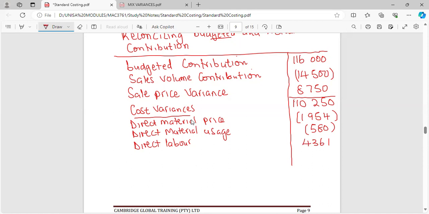I think you got the reason why we add and why we subtract. It's favorable, which means we have used less than the budget. So it's going to increase our profit because we have used less than the budget.